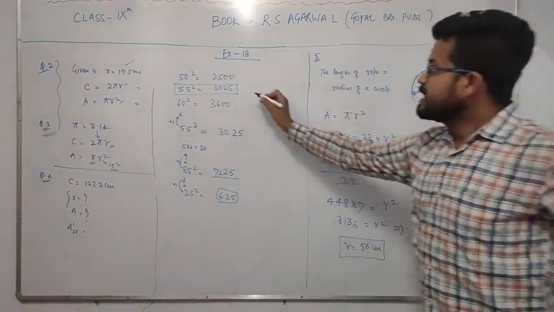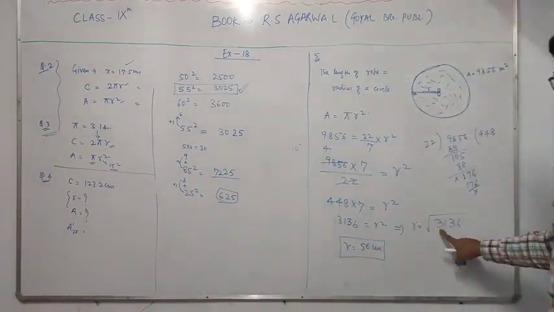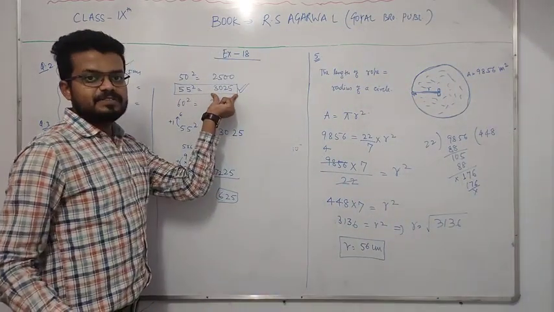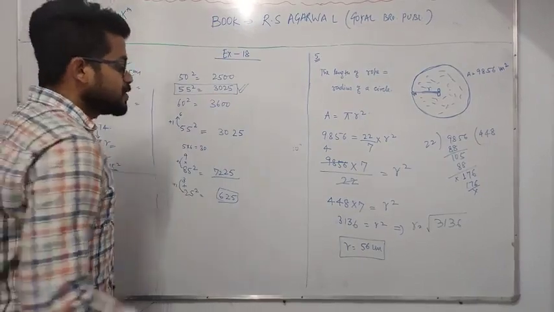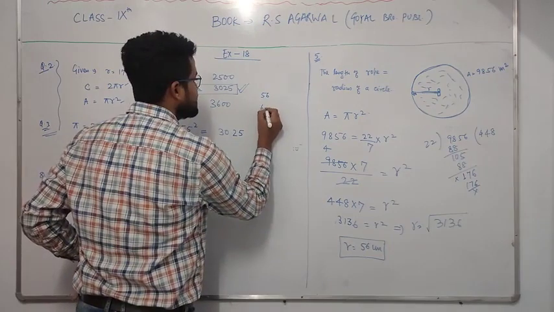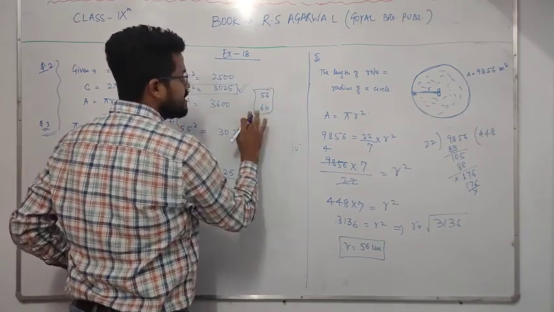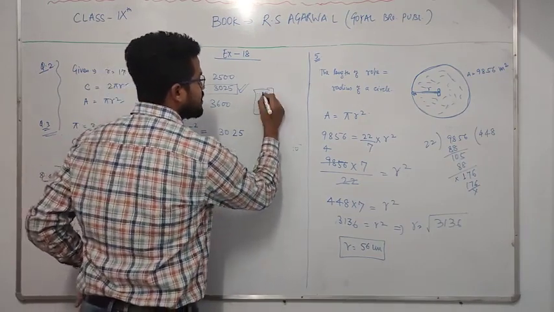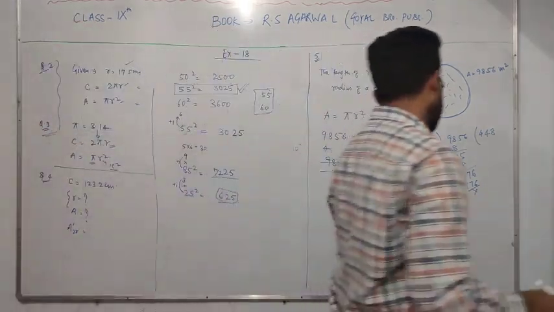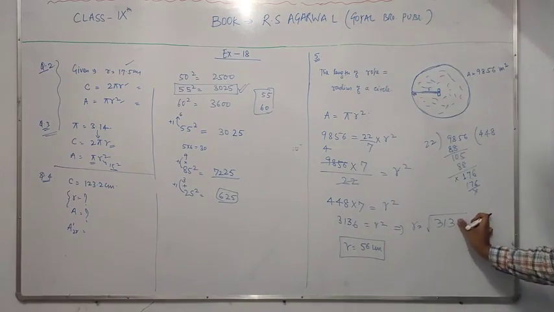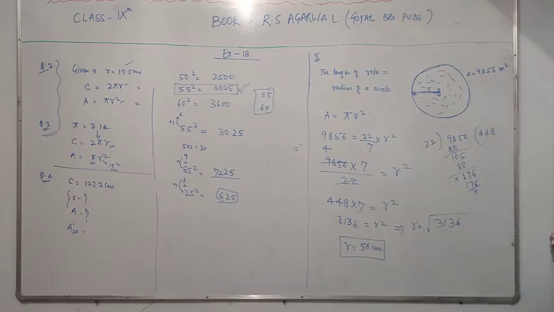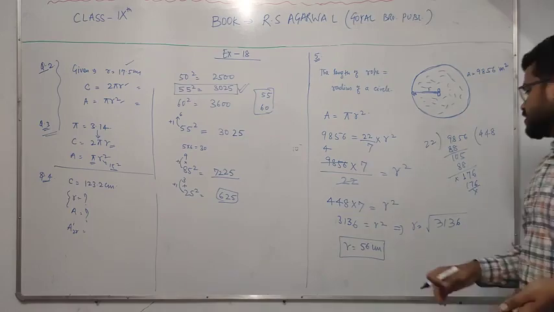So look, this is 3025 and this is 3136, which means this value is greater than 3025. So the value is between 55 and 60. Here is 3136.